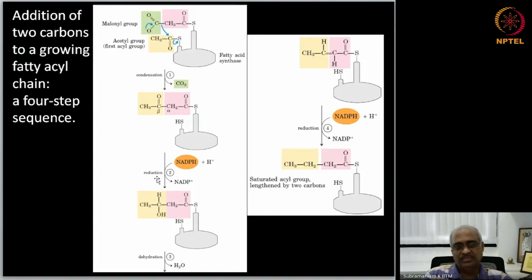Essentially, the second, third, and fourth are chemically the reversal, although catalyzed by a different enzyme complex, chemically the exact reverse of beta oxidation. So only the first step differs, by this activation of acetyl-CoA by converting into malonyl-CoA and then a decarboxylation. So this decarboxylation facilitates the condensation reaction. Then reduction, dehydration, reduction.